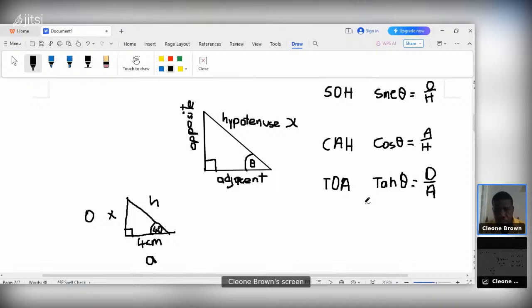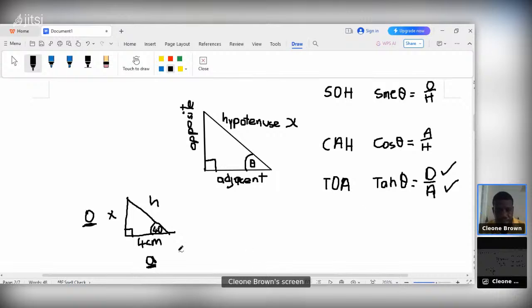Only tan has the opposite and the adjacent side together as part of the equation. So we definitely would choose tan theta.